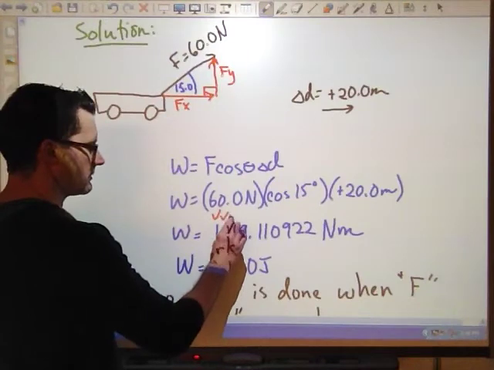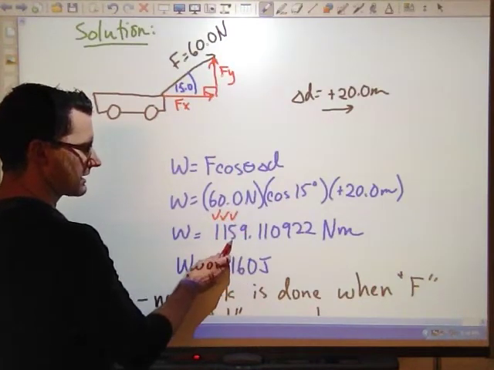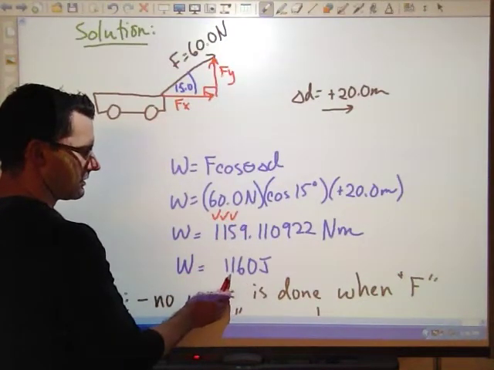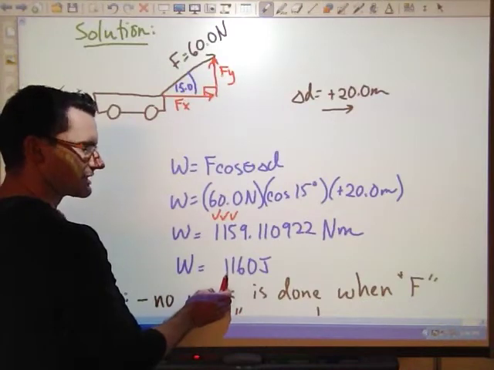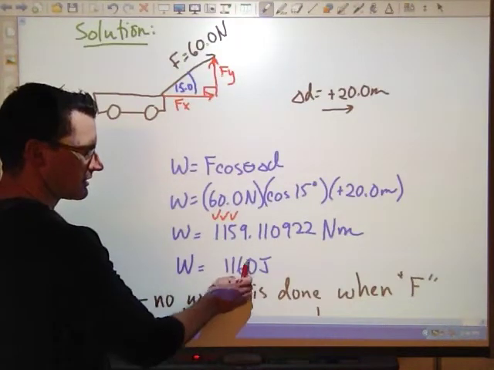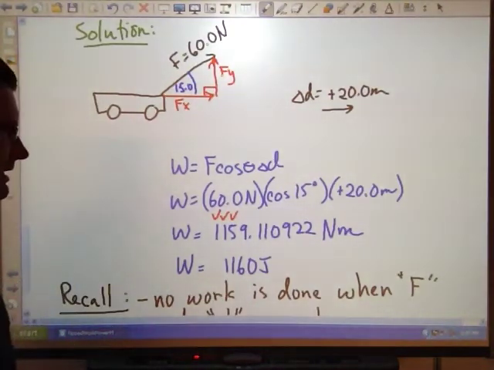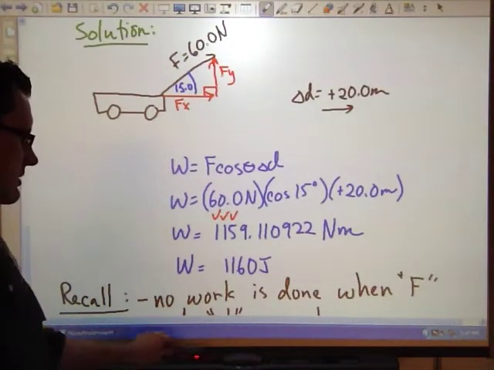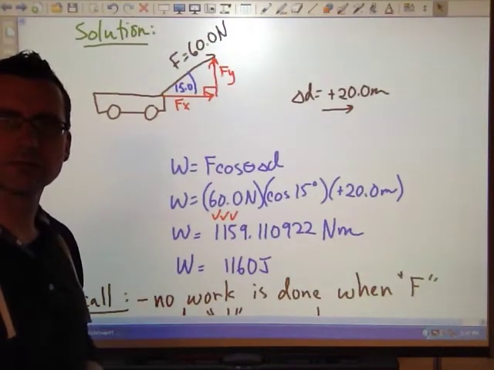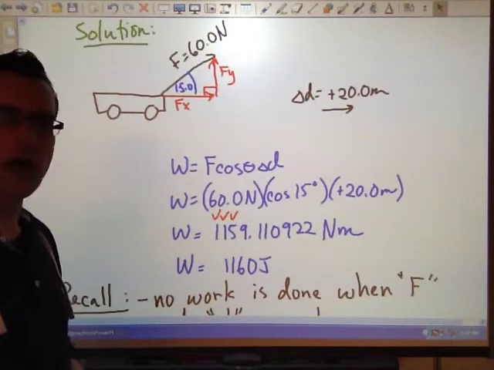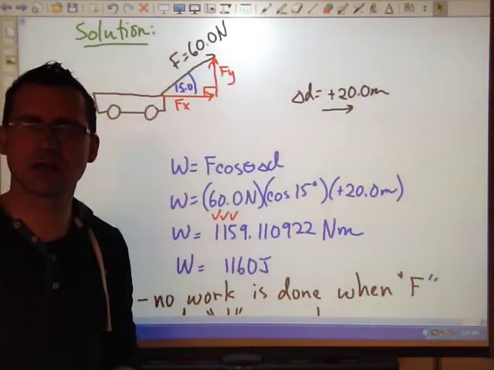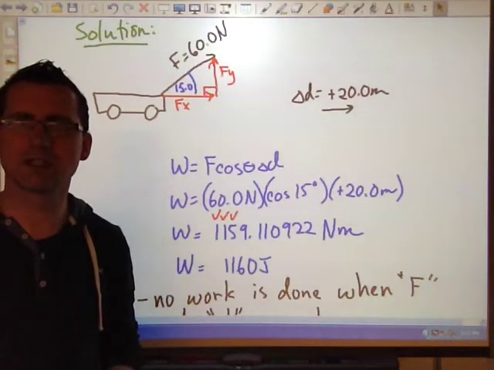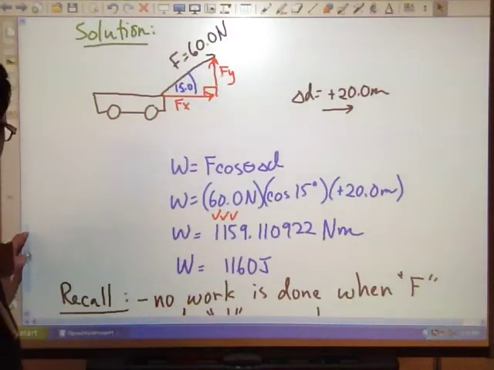So 1, 1, 5, that's a 9, so that gets bumped up to a 6. And we have to ensure that this is still in the 1,000s place, so put a placeholder 0 there: 1,160 joules.